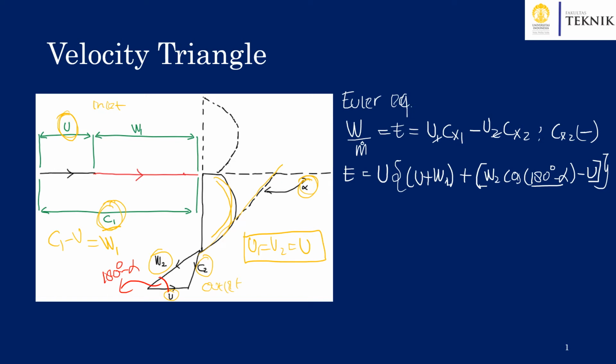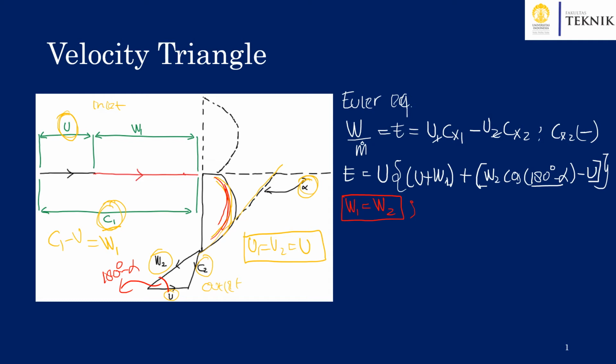Now, another assumption that we need to make: by assuming that there are no energy losses due to friction between the fluid and the bucket, it is safe to assume that the relative velocity W1 is constant throughout the bucket, and W1 equals W2.